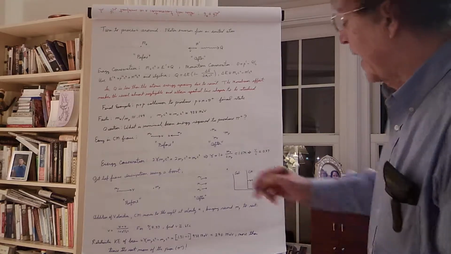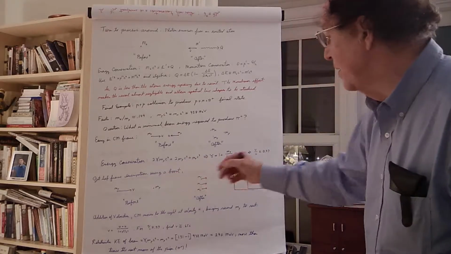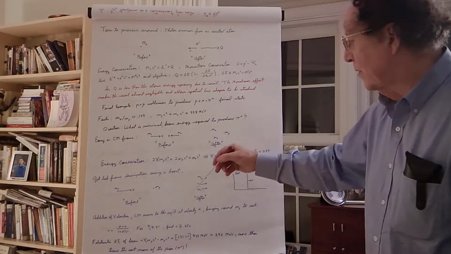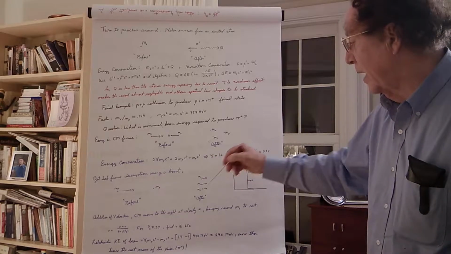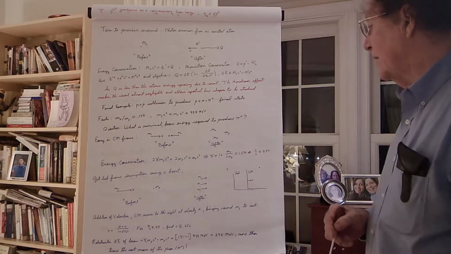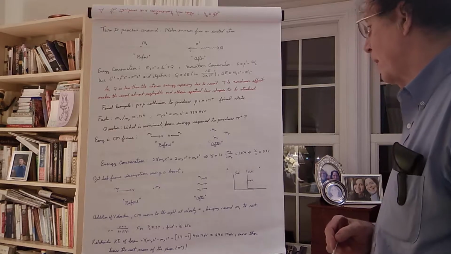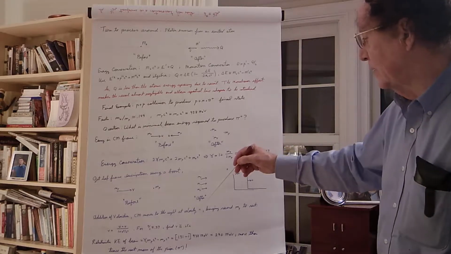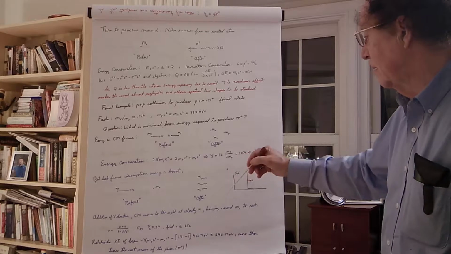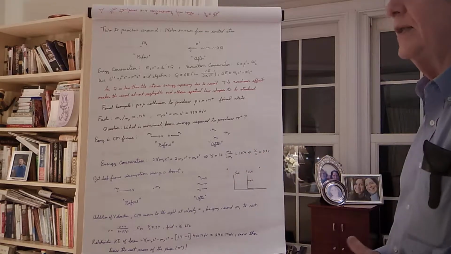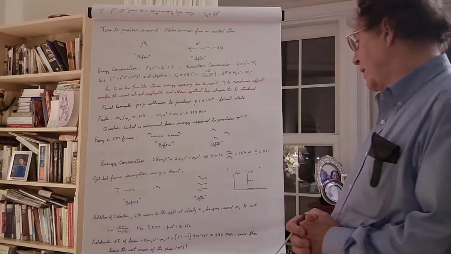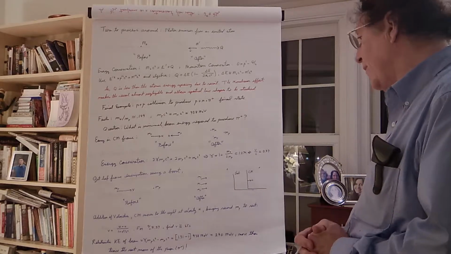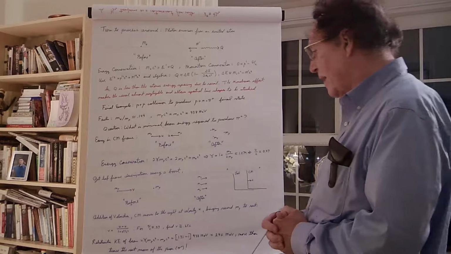Now I can ask, what's the relativistic kinetic energy of the beam? That's the relativistic energy of the beam minus the mass of the beam. Plugging in the numbers, I get 290 MeV, which is more than twice the rest mass of the pion.